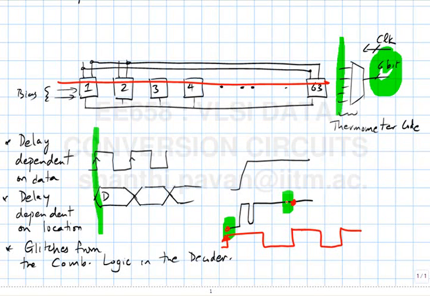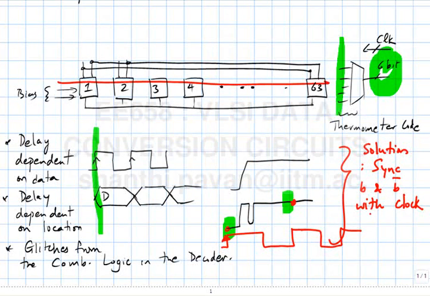So the solution is basically syncing locally. Syncing with the clock locally ensures that the command given to the switching pair is synced across all current cells with the global clock.